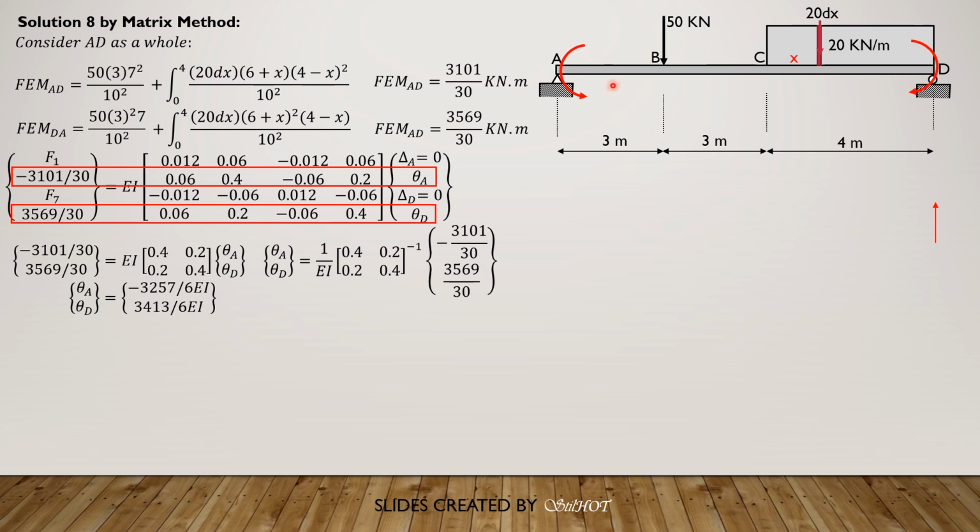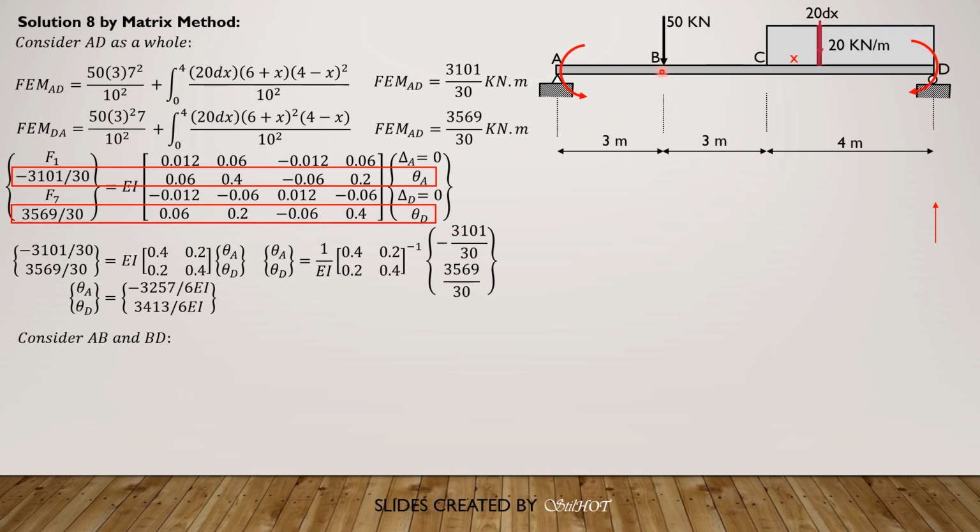Next, we consider AB and BD because we want delta B and theta D. So since the force is at the fixed end, because we imagine that AB is fixed, there will be no fixed end moment that will develop, only 50 kilonewton load, which is part of the load downward.